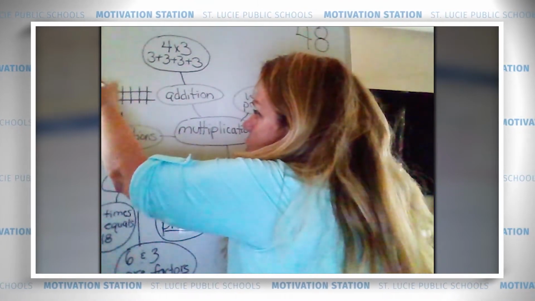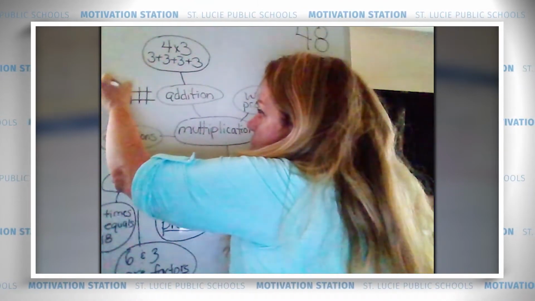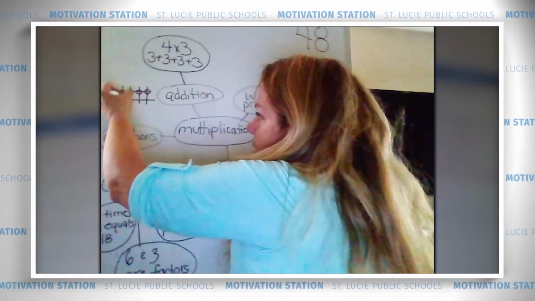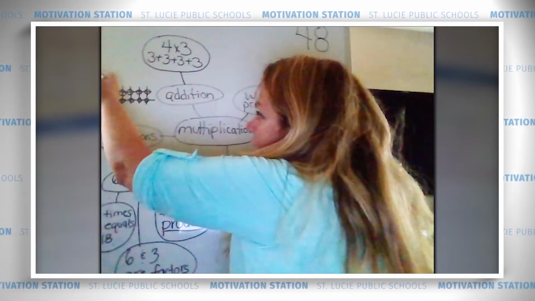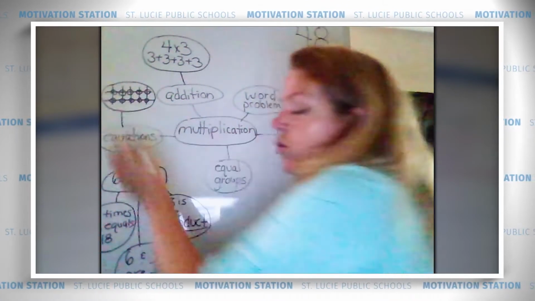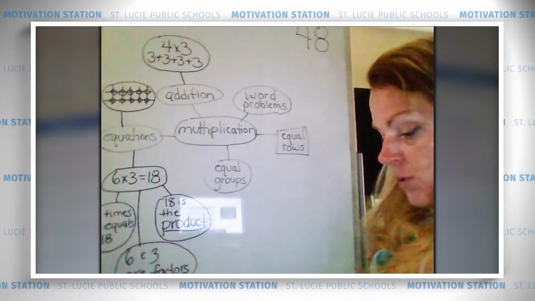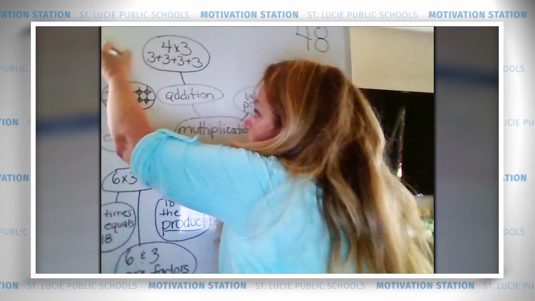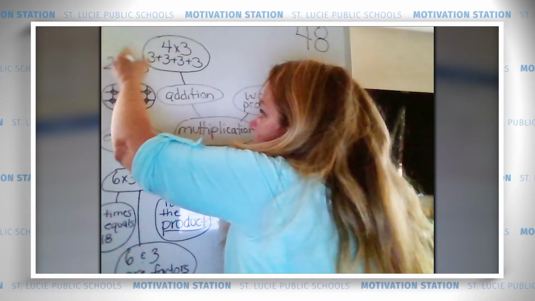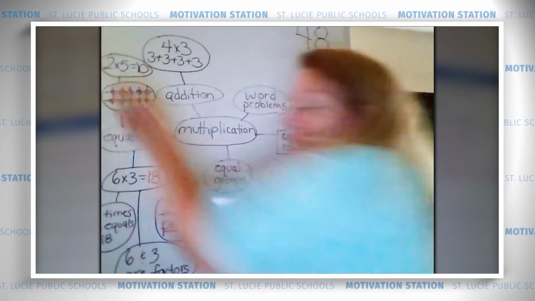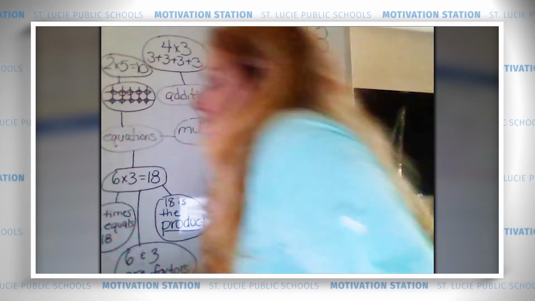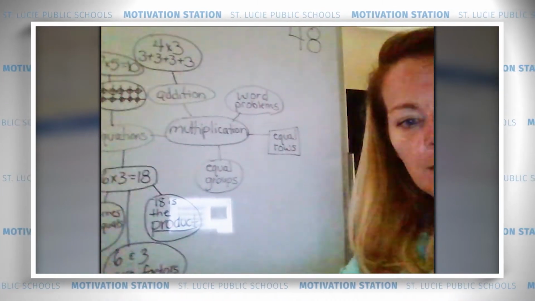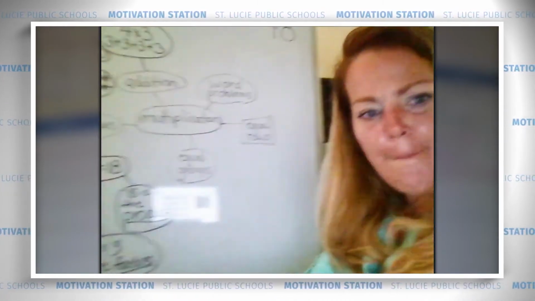And remember, I'm going to circle where they intersect: 2, 3, 4, 5, 6, 7, 8, 9, 10. I'm just going to circle that. And then I'm going to write the equation for that, and that would be 2 times 5 equals 10.